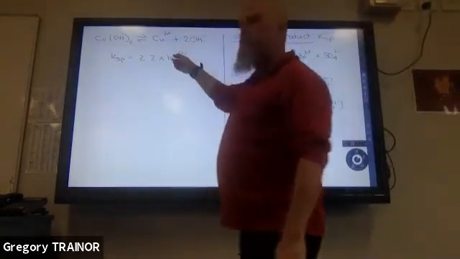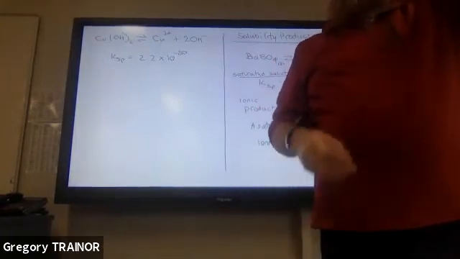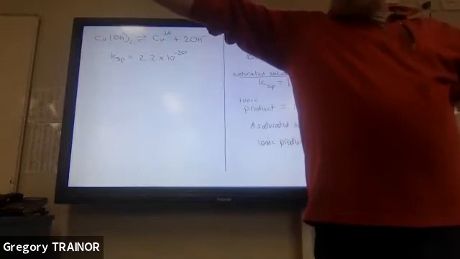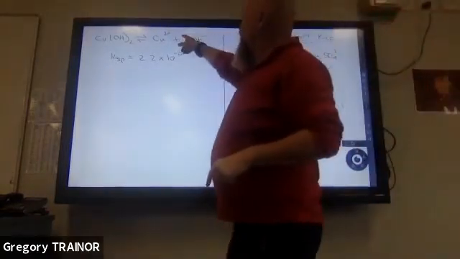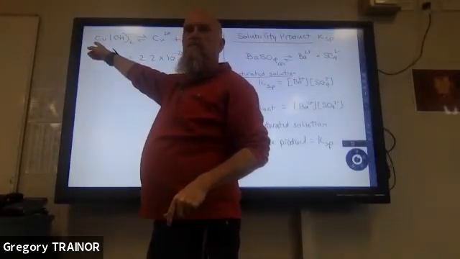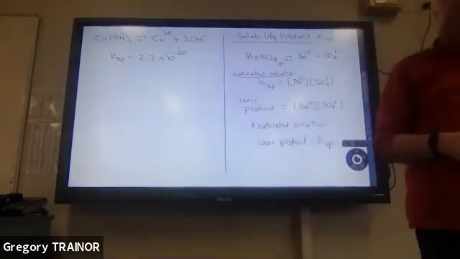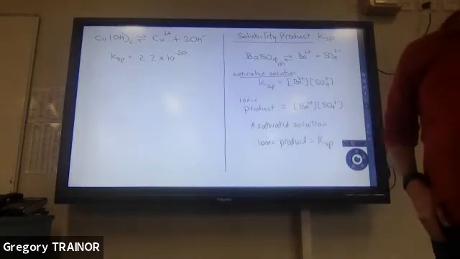So if the number is minus 20, that means that you've got a 1 on the top, and then you've got a 1 with 20 zeros after it on the bottom. Right, so you get one of these for every 10 to the 20 of these. So there's hardly any ions in solution for copper hydroxide. So this is very insoluble.